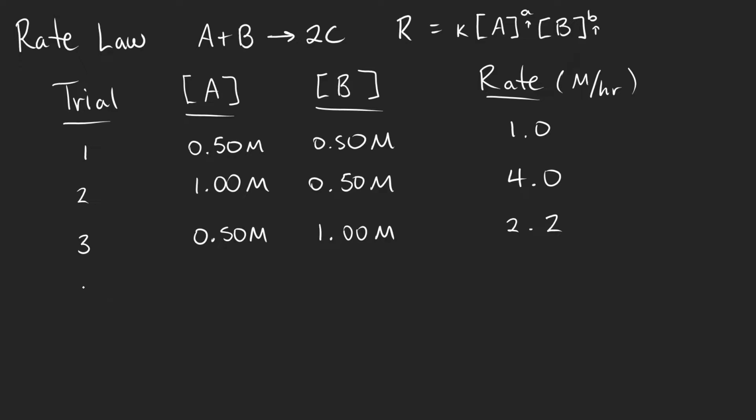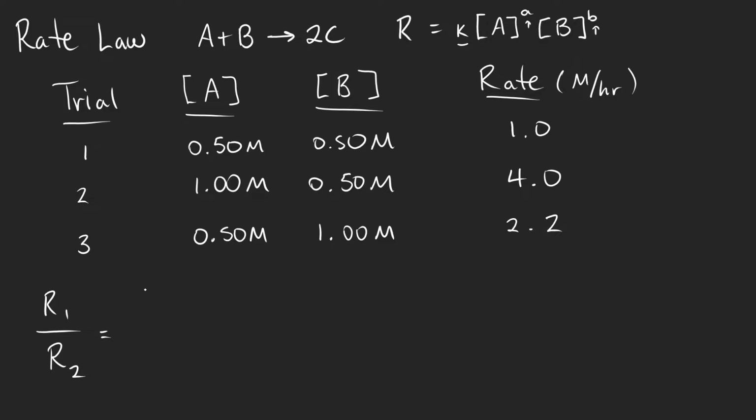In order to figure out what those individual powers are, we need to consider reactions that only change one chemical at a time. The reason for that is because if you consider the ratio between, let's say, two reactions, well, we don't know what the value of K is to start with, the proportionality constant.